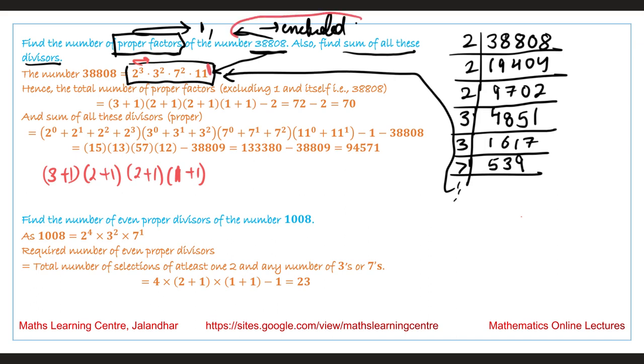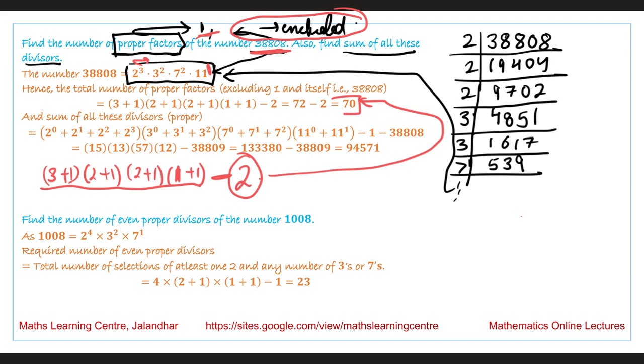We have to exclude two numbers, 1 and the number itself. So the total number of factors, out of which we subtract 2, gives the answer equal to 70. So the total number of proper factors is 70.